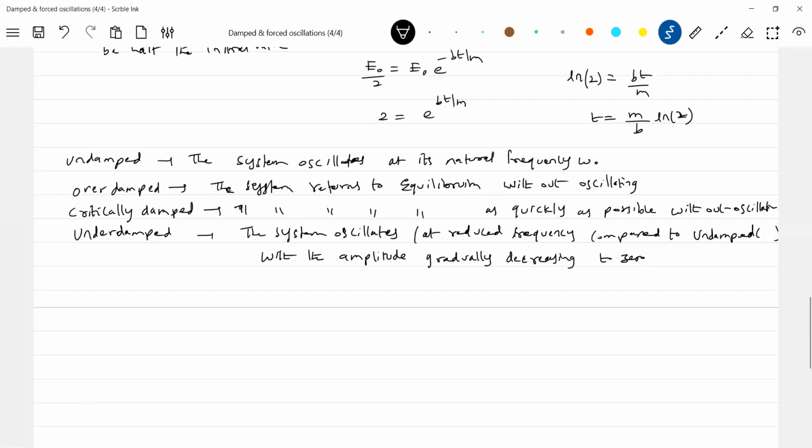I think the bracket should be here. I'll put it at reduced frequency compared to undamped case.